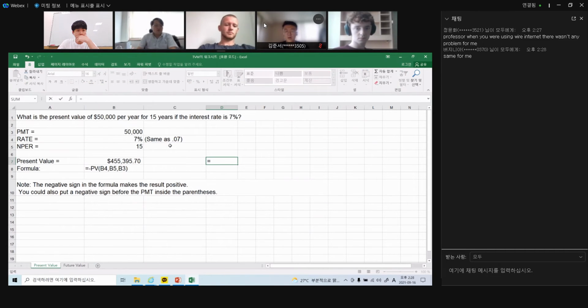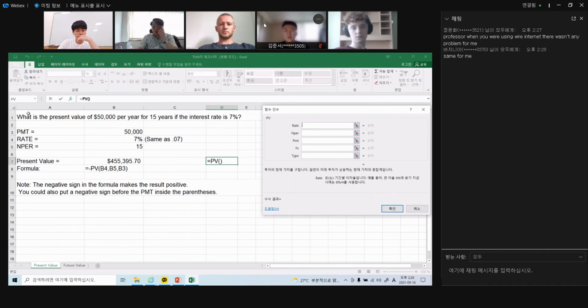So present value, the rate is 7%, the number of periods is 15, and now we put in the payment, not future value, right?